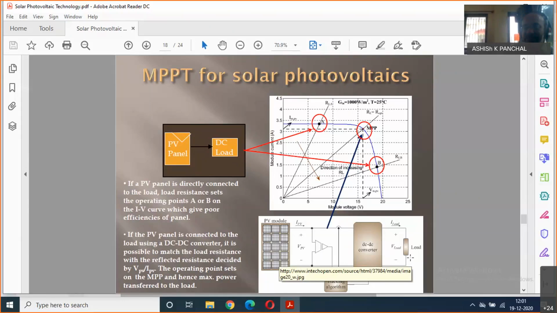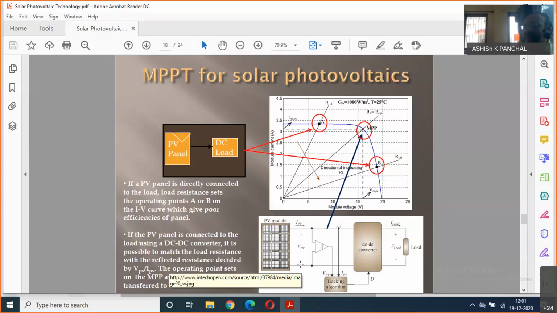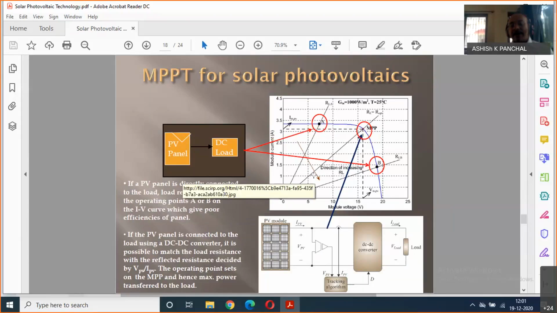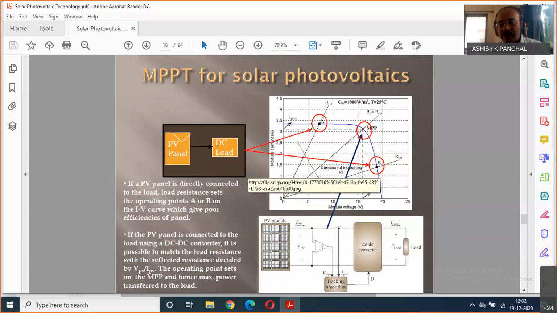So what are you actually doing? You try to match the resistance from the battery side. When the source resistance is low, at that time the power transfer is maximum. It means if the battery is connected directly, either at point A or at point B, you are not extracting maximum power.